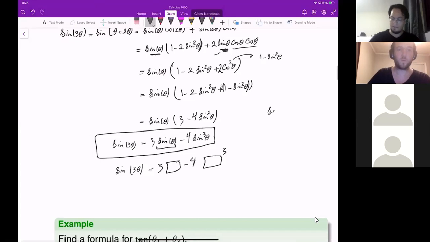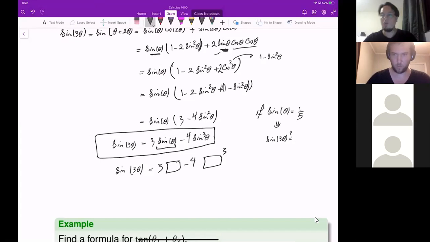For example, if someone tells you that sine theta is, say, some crazy number, 0.2, 1 over 5, let me write it back. Can you tell me what sine of 3 theta is?